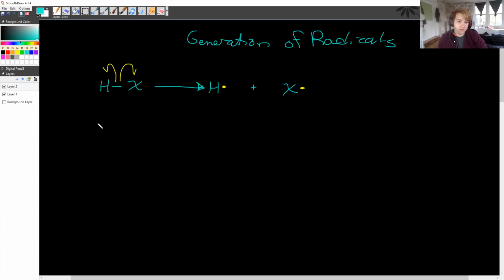Versus if we saw something like this, I drew a nice arrow here. What we're talking about here is the movement of two electrons. And we see these formal charges popping up, okay? Once again, you can go through and talk about the formal charges up above and figure out why this happens.